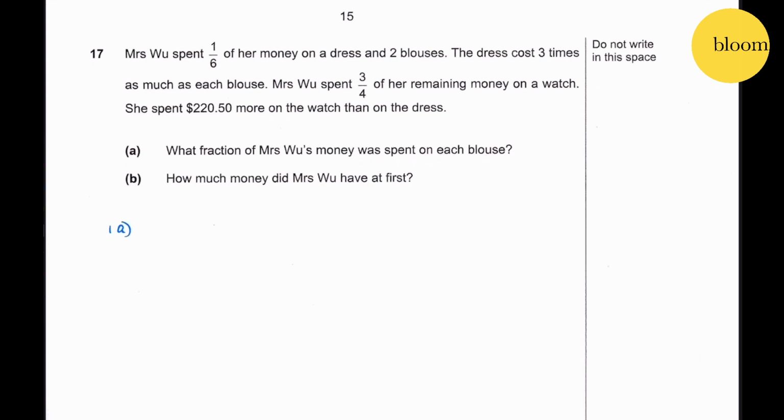So, what was given here is, if Mrs. Wu has 1 unit, 1/6 is spent on a dress and 2 blouses. The dress costs 3 times as much as each blouse.